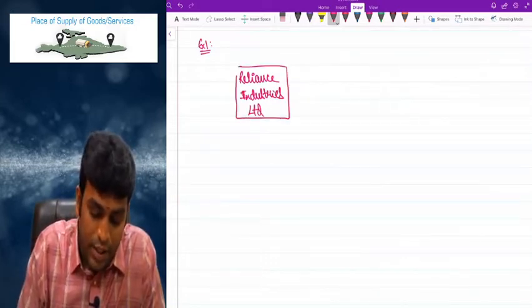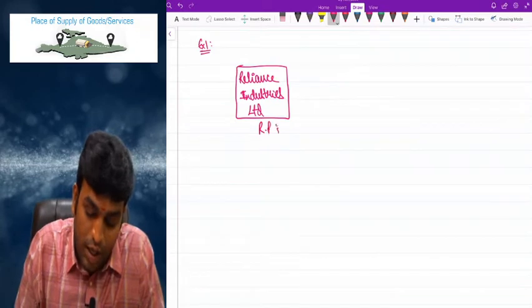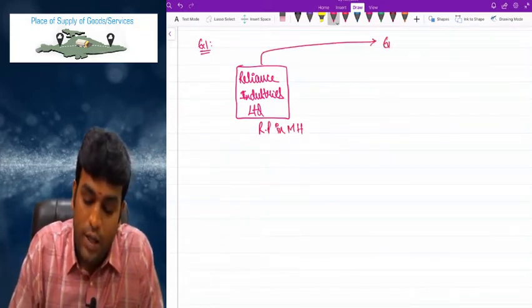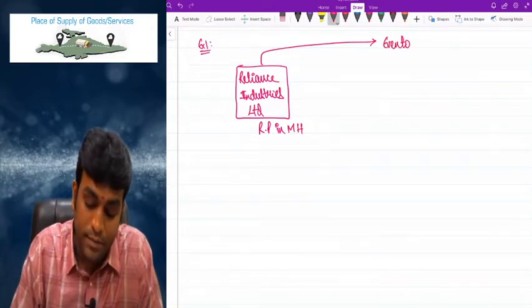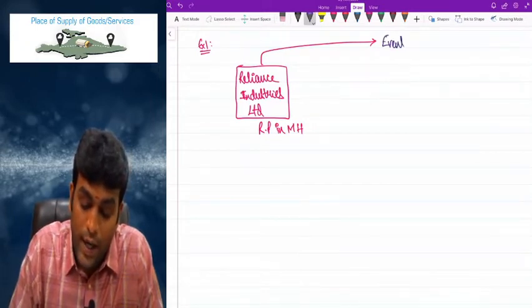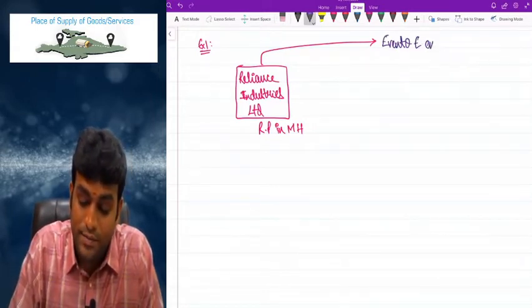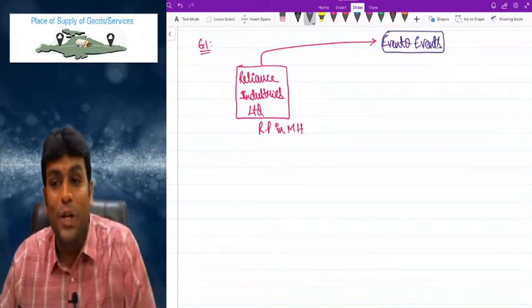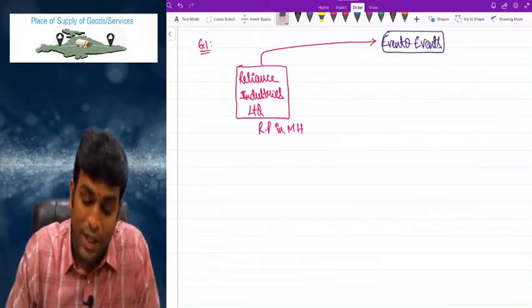Reliance Industries Limited, a registered person in Maharashtra, contacted somebody called Evento Events. That is the name of that company, some event management company.